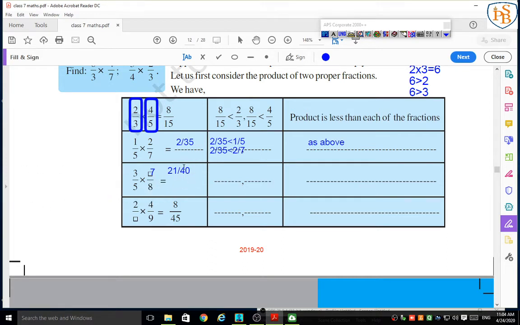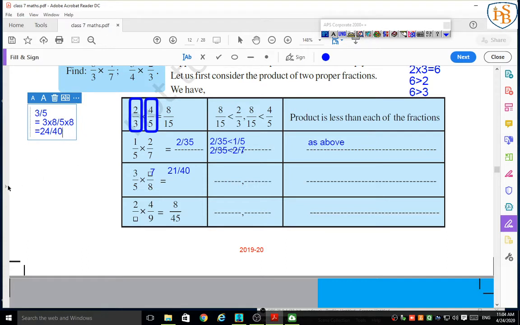We have the denominator 40 here. So for 3 upon 5 we are going to multiply by 8. So 3 into 8 upon 5 into 8. I will get the answer 3 8s are 24 upon 5 8s are 40.